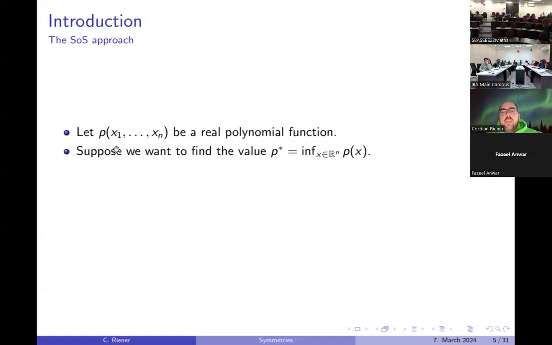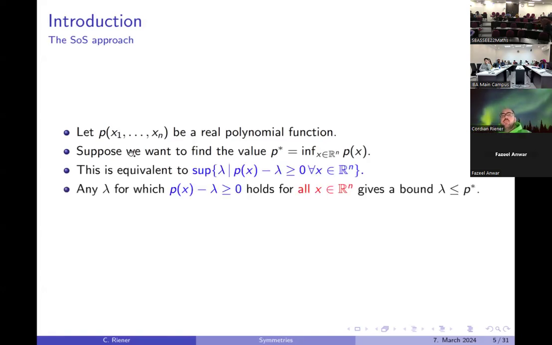So another idea is to rewrite this problem. The motivation here is, I'm not interested in finding the points that minimize this function. I'm just interested in the value, the minimal value, or the infimum value. So I could actually reformulate the problem. The minimal value that my polynomial takes is the same thing as the supremum over all lambda which I can subtract from my polynomial, guaranteeing that it stays non-negative.